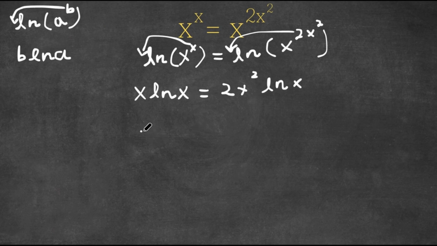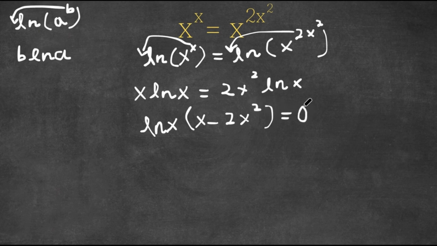Now if I factor out ln of x from this, I get ln of x times x minus 2x squared. And this is equal to 0.